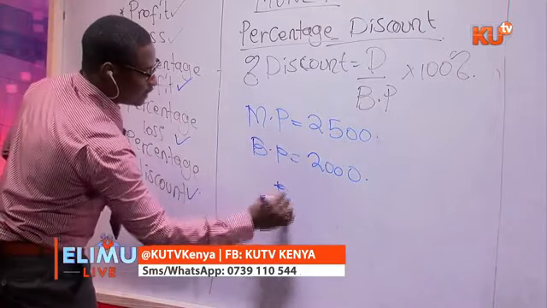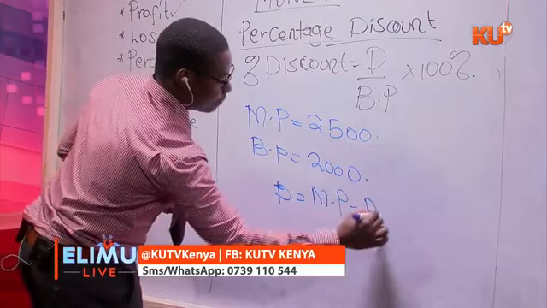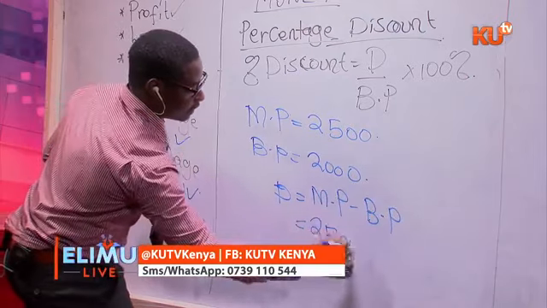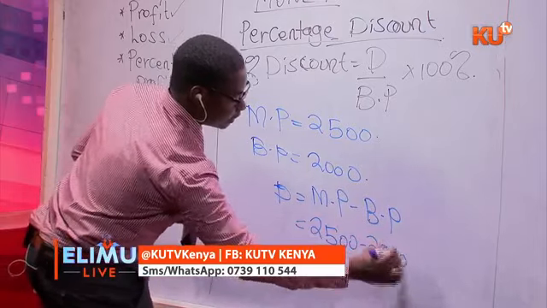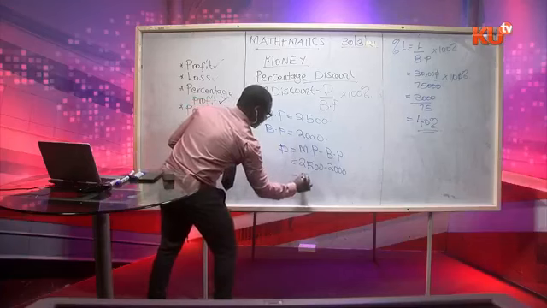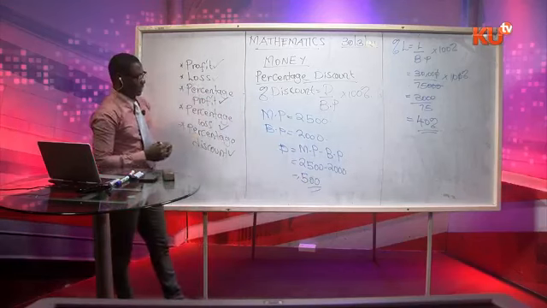Therefore, our discount is marked price minus buying price, which is 2,500 minus 2,000, your answer is 500. So that is not your answer. That is just the discount.